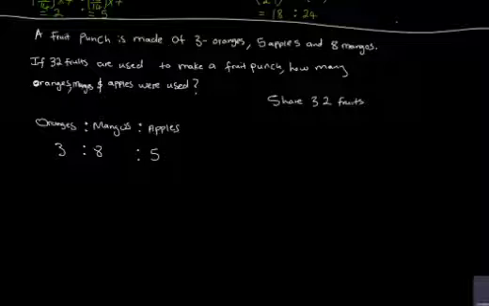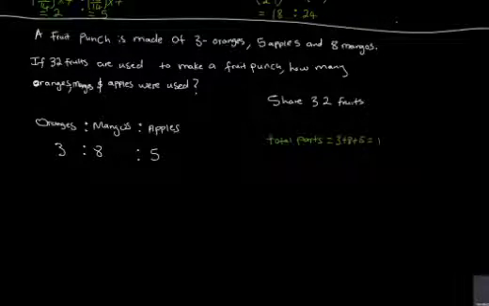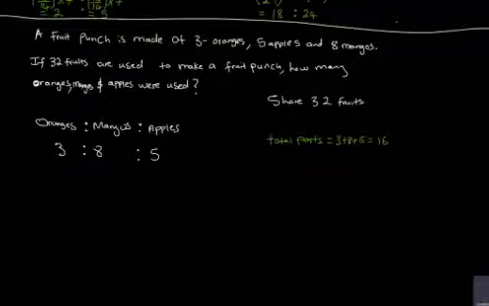To answer that question, first thing is find the total of the parts. So total parts equals 3 plus 8 plus 5 equals 16.